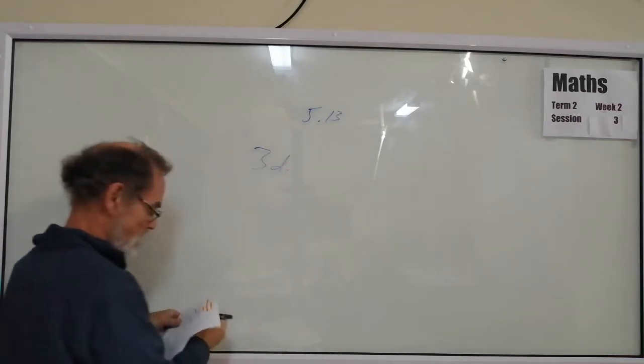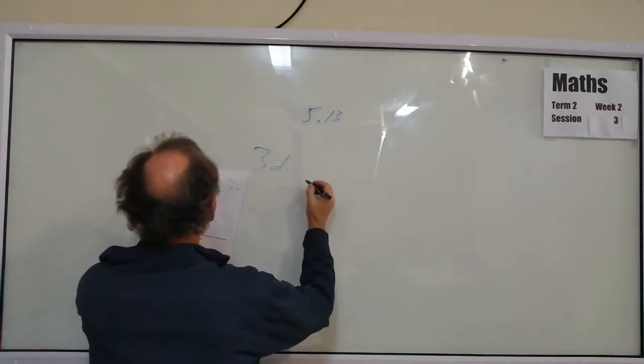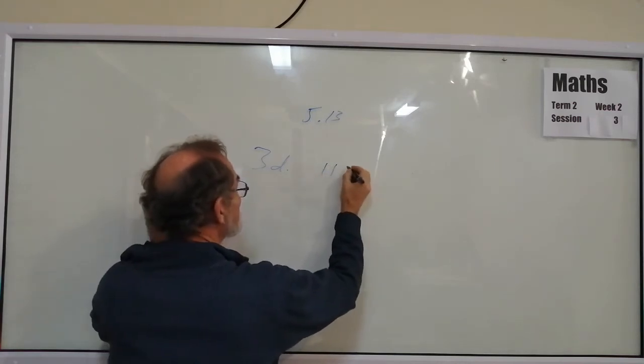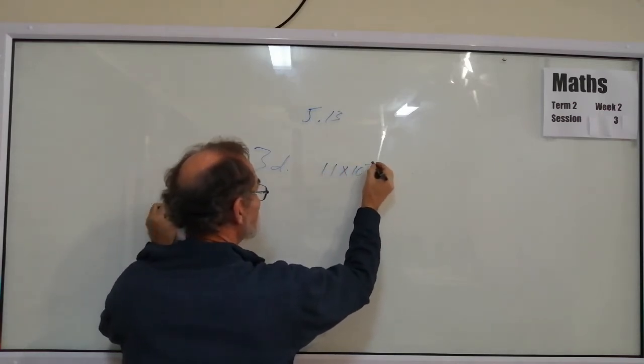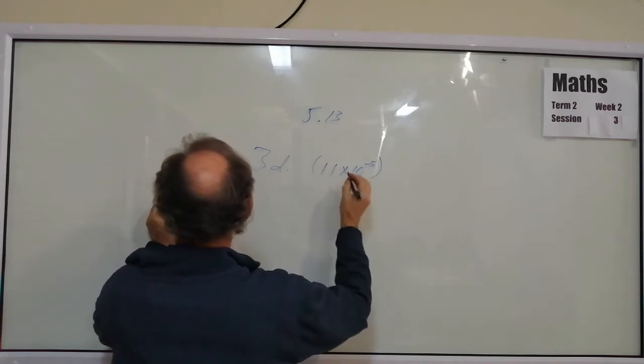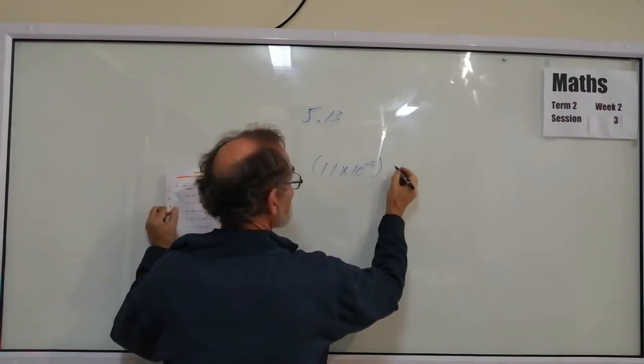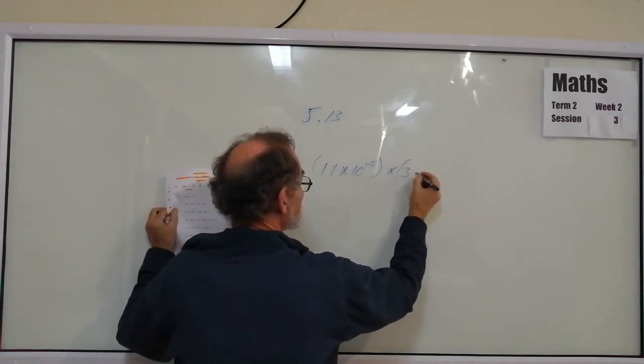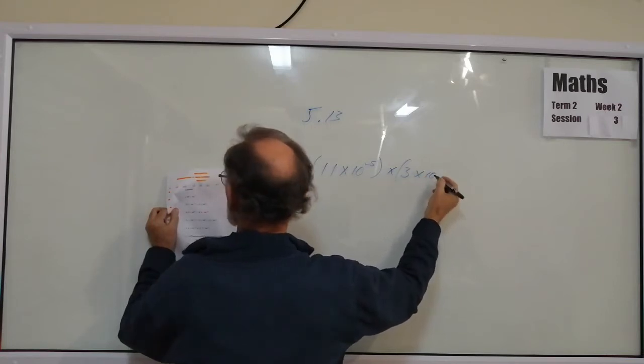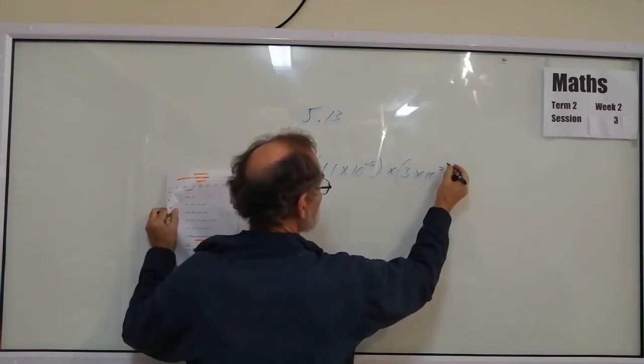3D is 11 times 10 to the minus 5 multiplied by 3 times 10 to the 2.